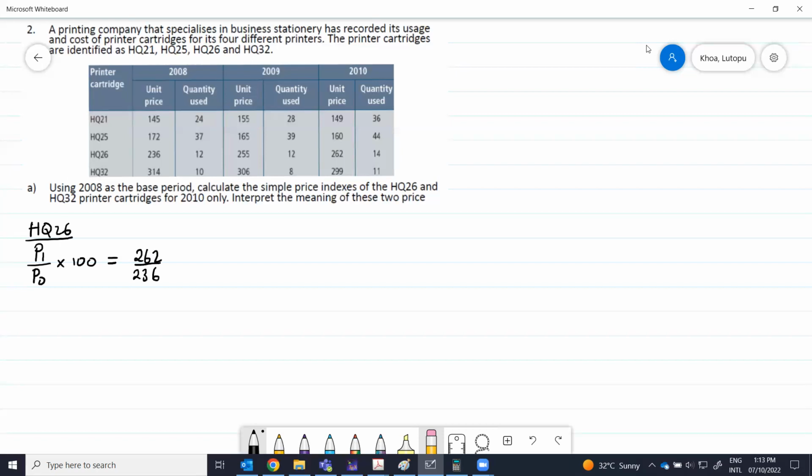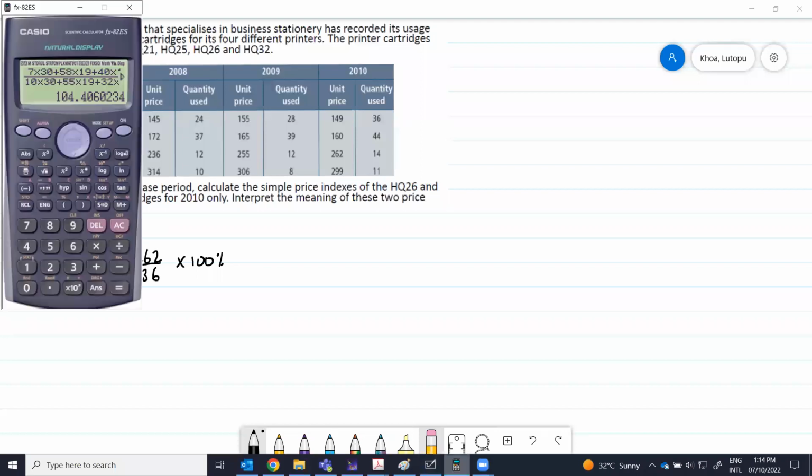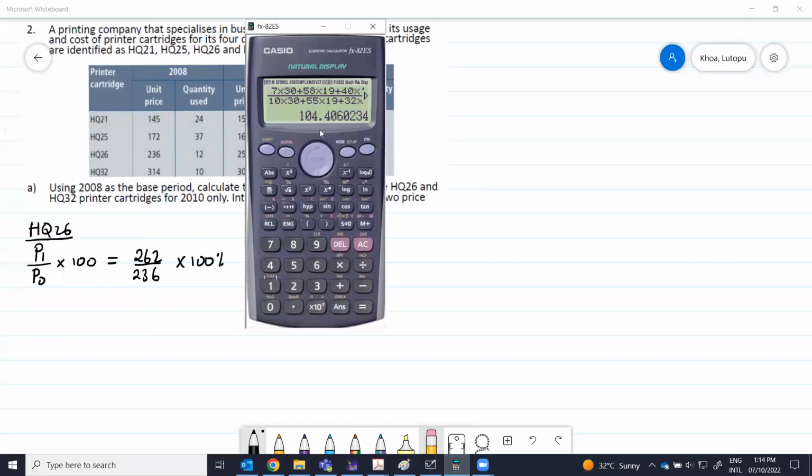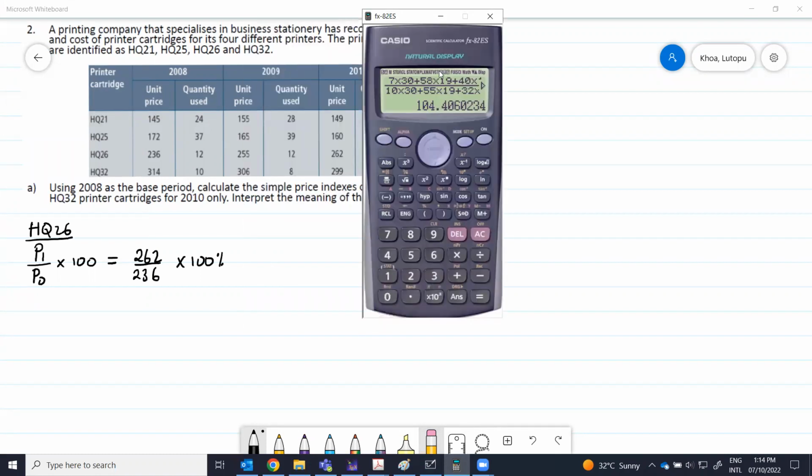Then we multiply this by 100. So doing this on your calculator, this is 111.02%.